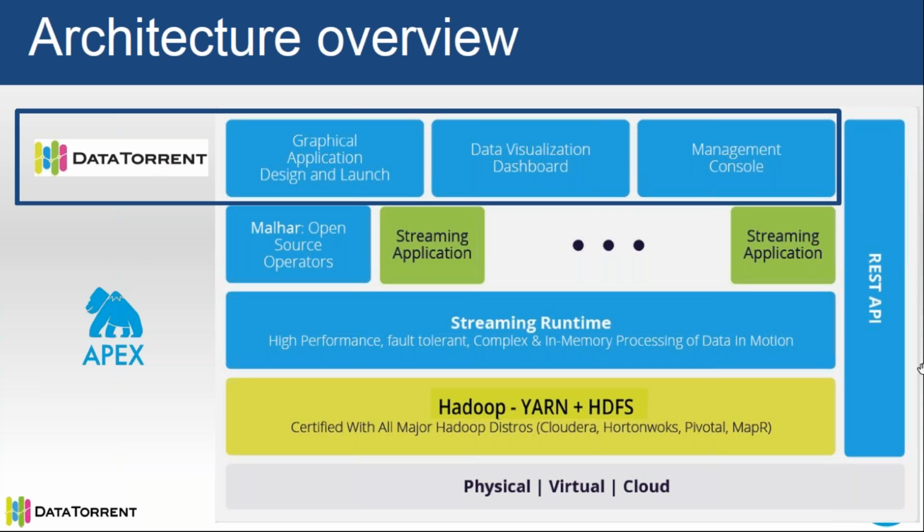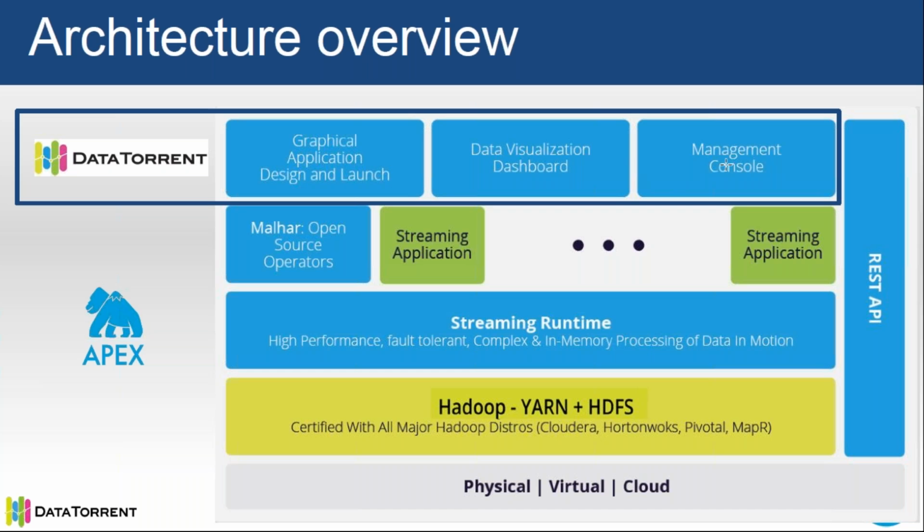On top of Apache Apex, which is open sourced under Apache, we have a proprietary release, RTS, which is the real-time streaming engine. As a part of DataTorrent RTS, you get a graphical application, which is like a drag and drop tool for building your applications. You get a data visualization dashboard, as well as the management console, which is the most critical part.